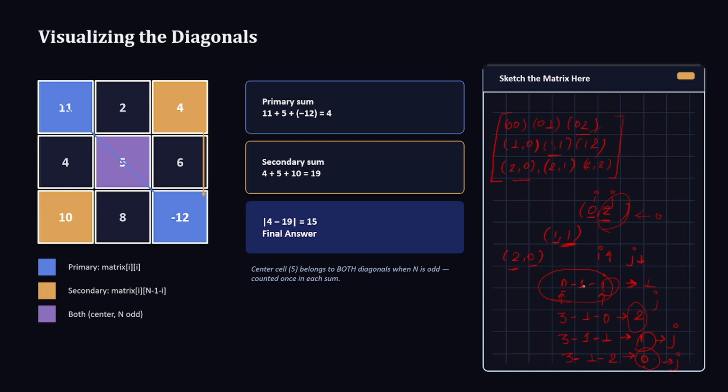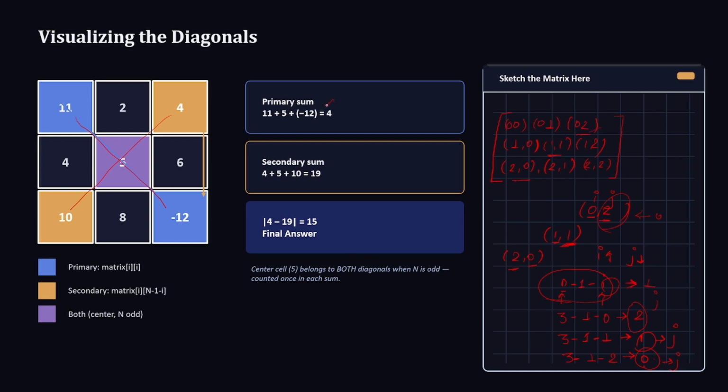Now, how do we solve it? Since both diagonals use the same row index i, we do not need two different traversals. A single loop is enough. In this way, we can traverse the primary diagonal and the secondary diagonal.